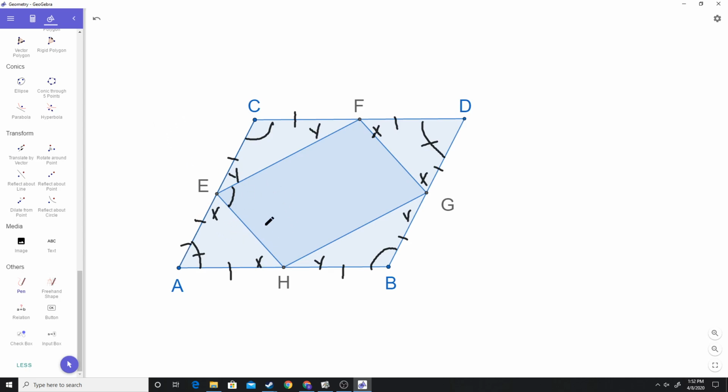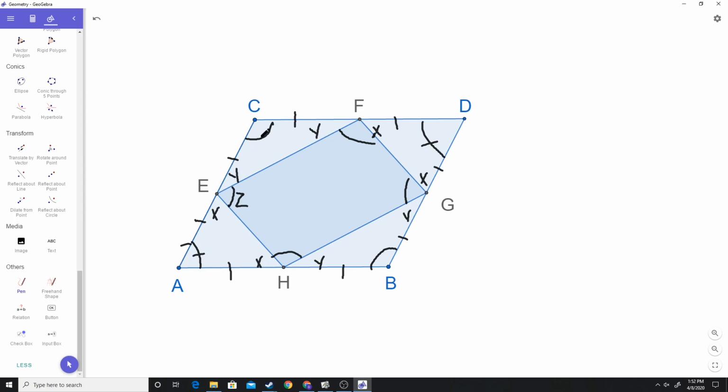I just need to show that they're all the same. So how can I show that all of these angles here are exactly the same? Well, if we notice the angle x and our mystery angle, let's call this one z, and then we have y. Well, x plus z plus y has to be 180.